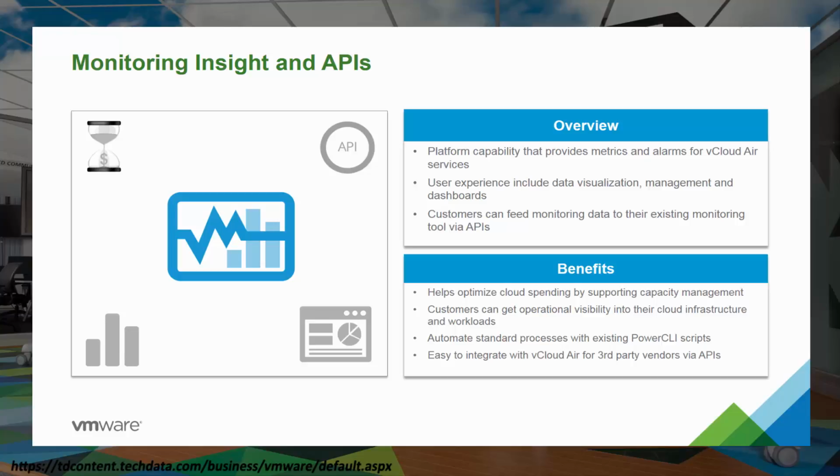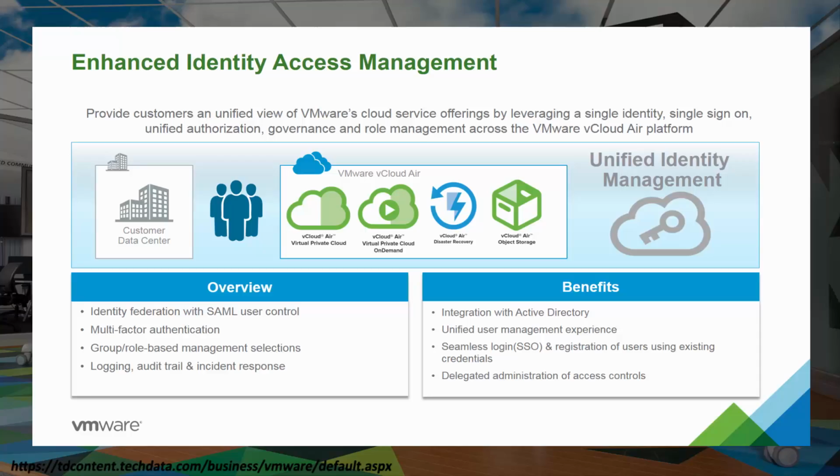The service gives information on the infrastructure, application health and platform performance, enables granularity, retention, and services monitoring, and helps optimize cloud spend by enabling high utilization of cloud infrastructure. So again, this is going to start giving you insight into being able to monitor your servers and applications and everything that's running on vCloud Air services and give you deeper insight into how that environment is running.